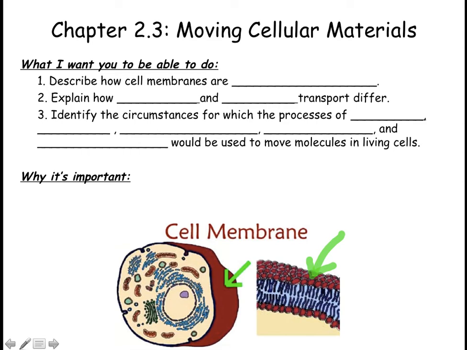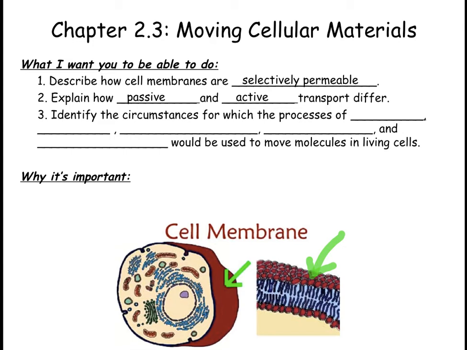By the time we are done this section, I will want you to be able to do the following. 1, I want you to be able to describe how cell membranes are selectively permeable. 2, you should be able to explain how the two broad categories of molecule transport, which are passive and active transport, are different from each other.